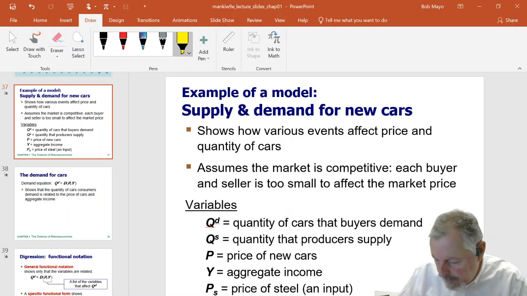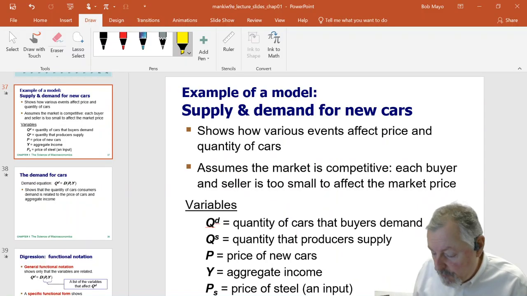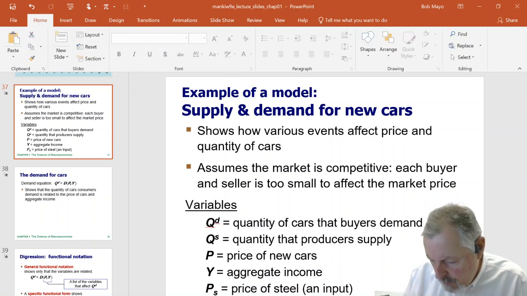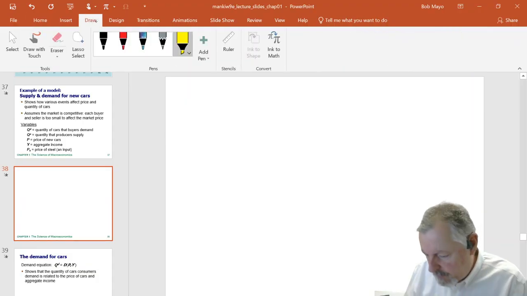Here's an example of a model. Supply and demand. The simple supply and demand graph that you saw in your principles class. Like this.